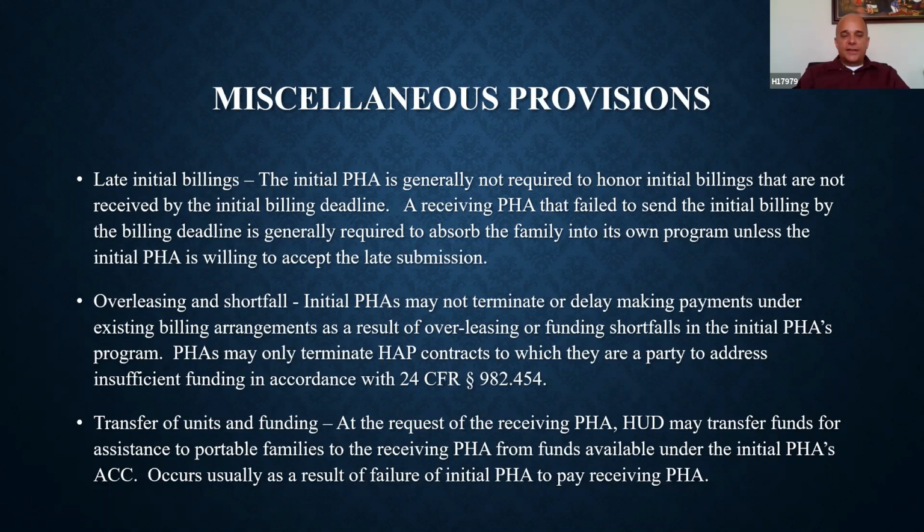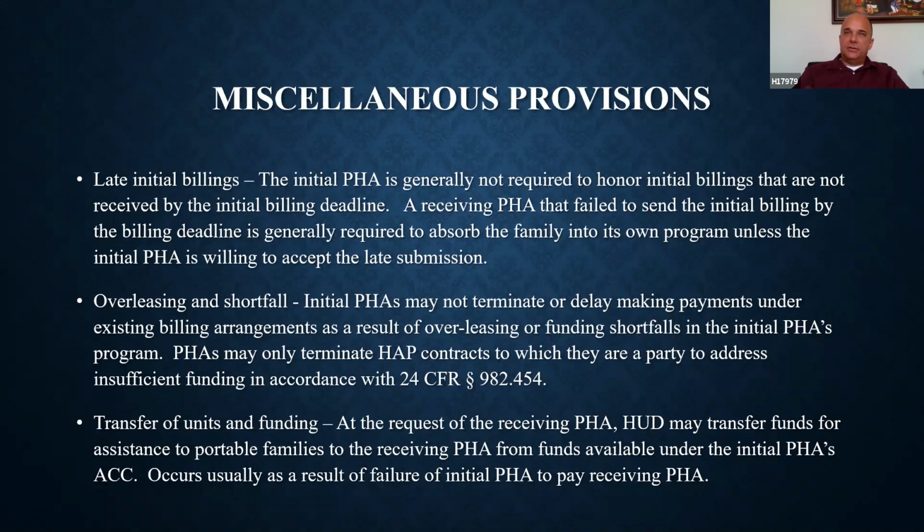And finally, transfer of units and funding. This situation mainly occurs when the initial PHA fails to provide billing payments. At the request of the receiving PHA, HUD may transfer funds for assistance to portable families, and may also transfer the initial PHA's ACC vouchers to the receiving PHA.